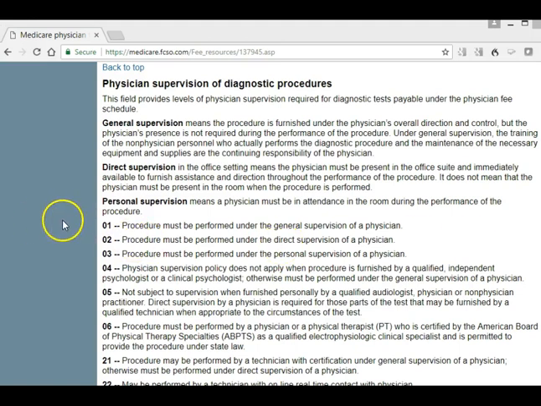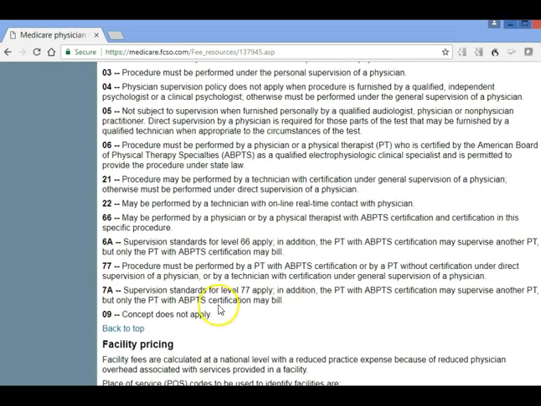All right, now we have our physician supervision of diagnostic procedures. We have a 1, if you recall, we had a 1 here. Procedure must be performed under general supervision of a physician. And we also had an 09.